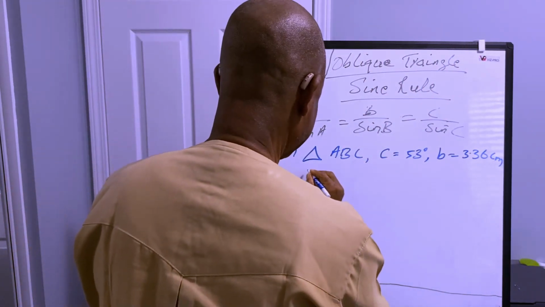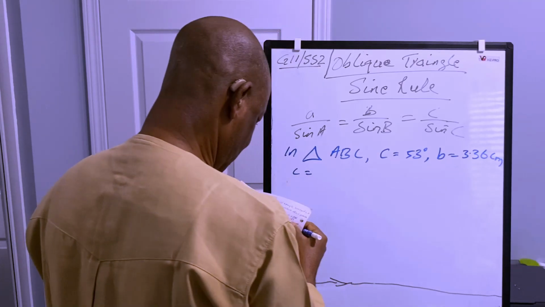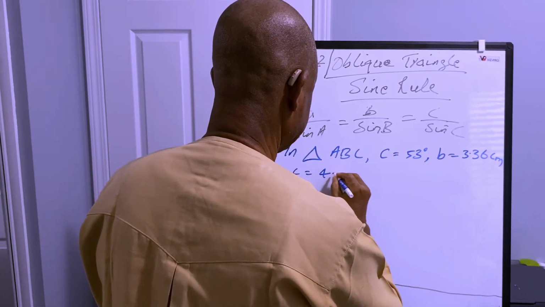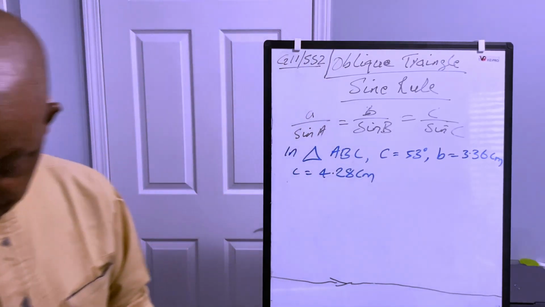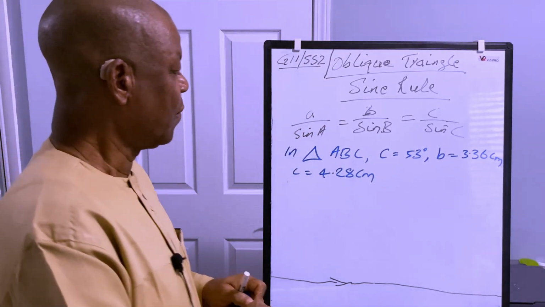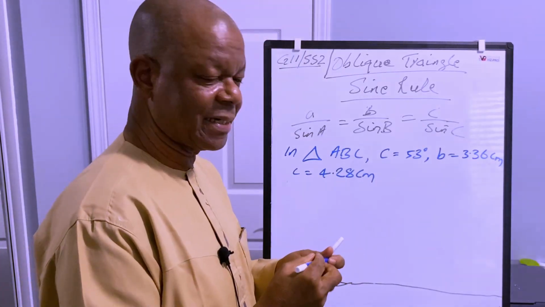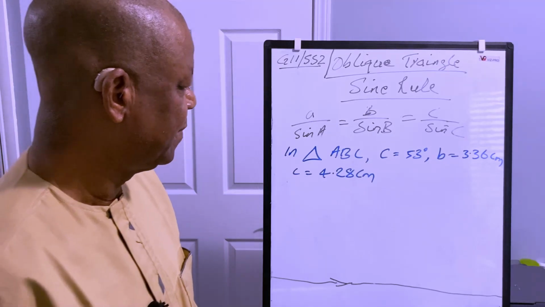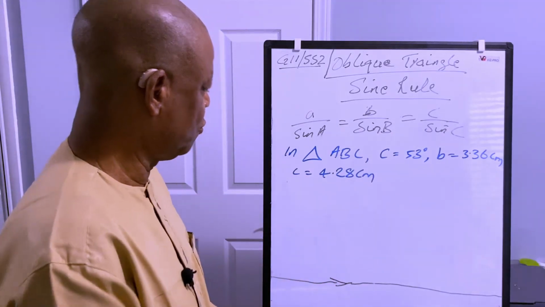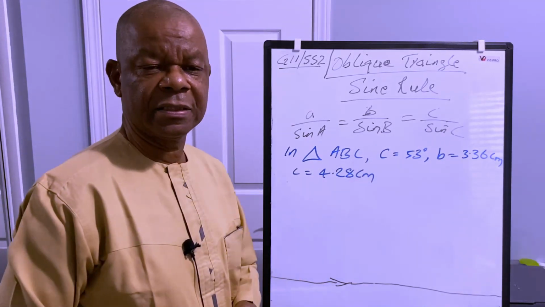Also, side C is equal to 4.28 cm. So in this instance, we are given two sides and one angle. And this angle is opposite this given side.